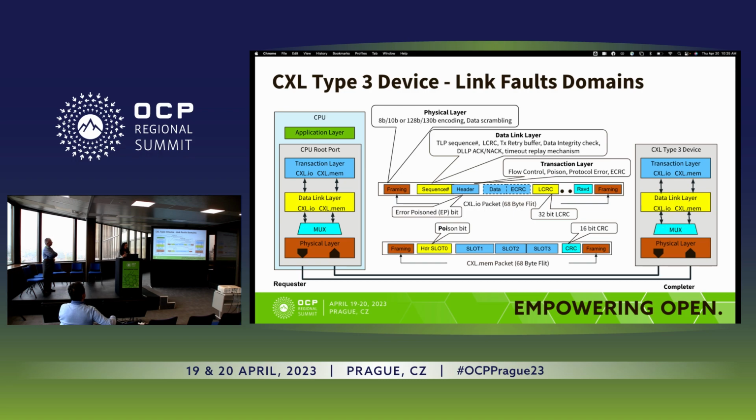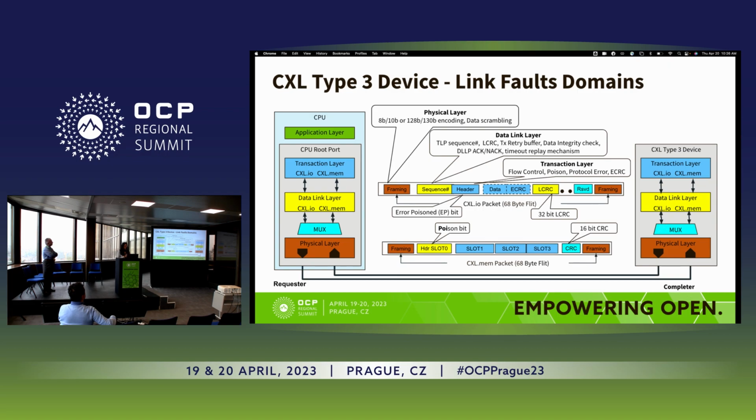Because we are talking about type 3 devices, we'll only focus on CXL.io and CXL.mem here. At the data link layer and the transaction layer, CXL.io and CXL.mem get multiplexed at the flex layer, and then the PHY layer uses the same PCI semantics from the physical protocol standpoint.